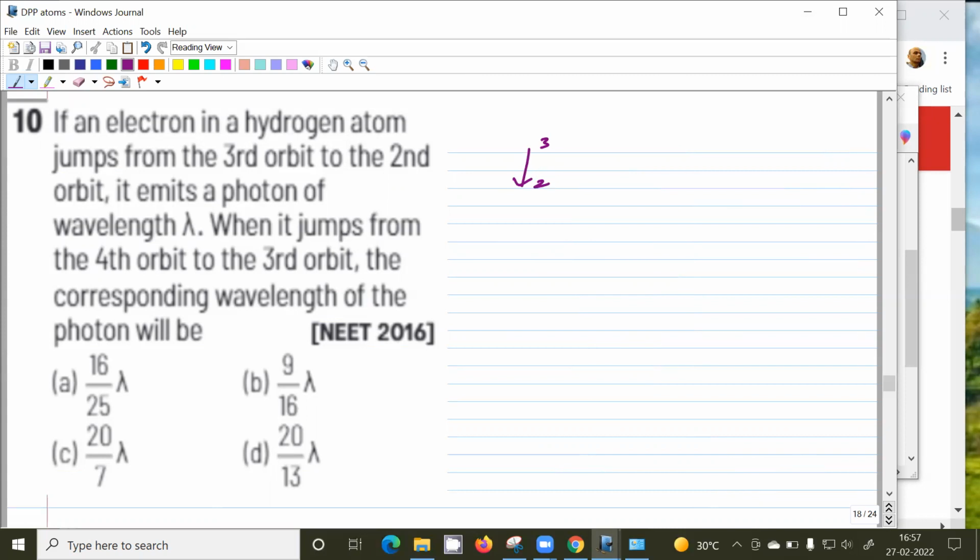It emits a photon of wavelength lambda. So now it has to jump from 4 to 3, and let the wavelength be lambda 1. So you have to find lambda 1 in terms of lambda. You know the relation for lambda n.